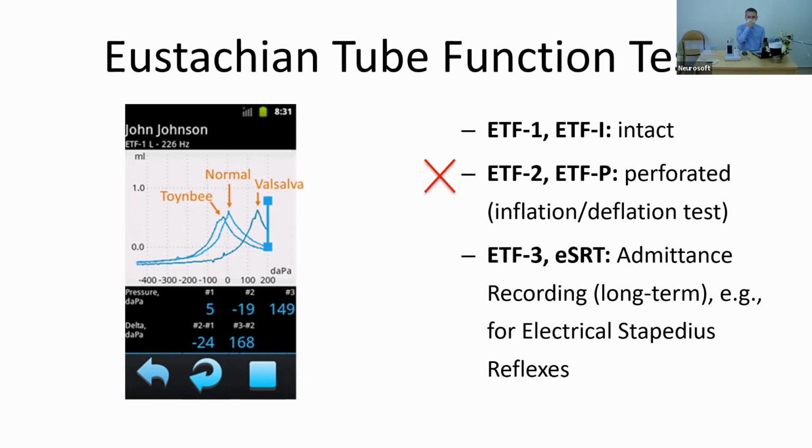It is also called inflation-deflation test. This test we will not show today because it is not available in the Audio Smart device. And the third type of test is ETF3 or ESRT, which is used for long-term admittance recording. It is used usually for electrical stapedius reflex or ESRT test. I will also show it later today.